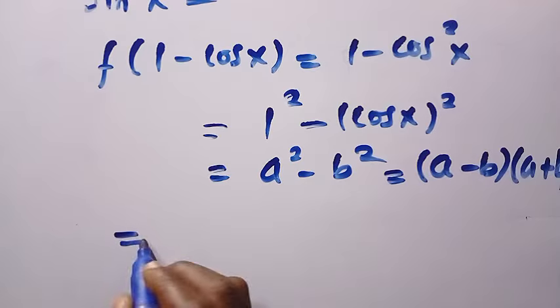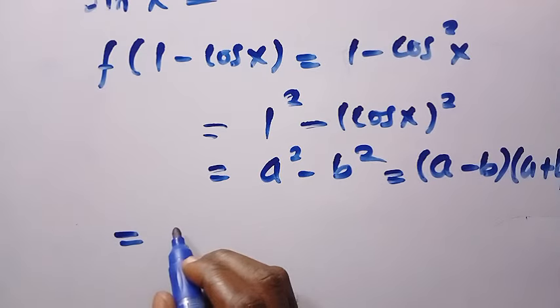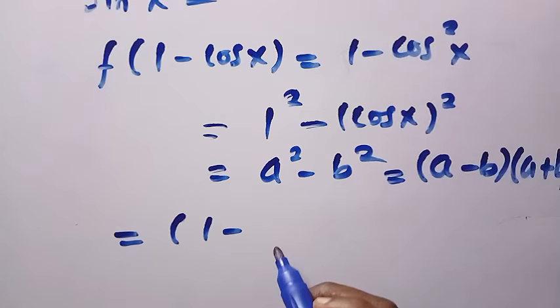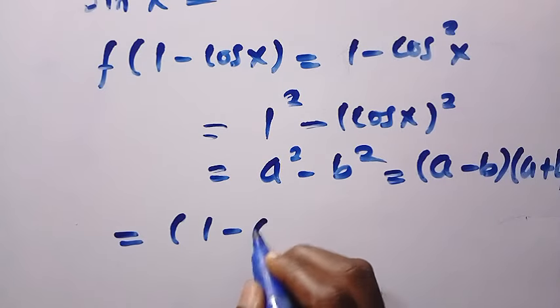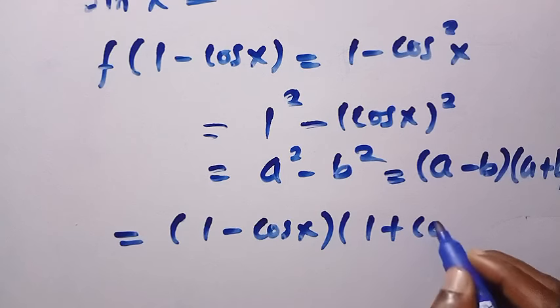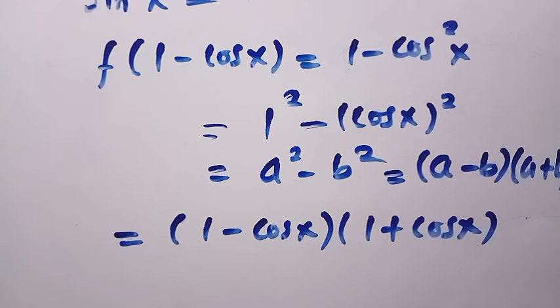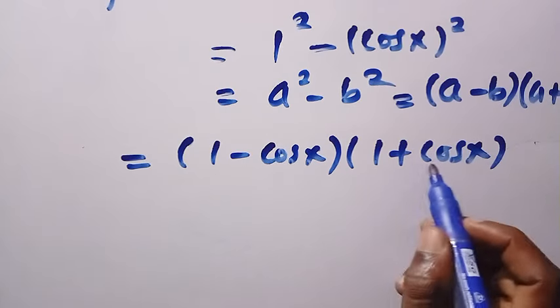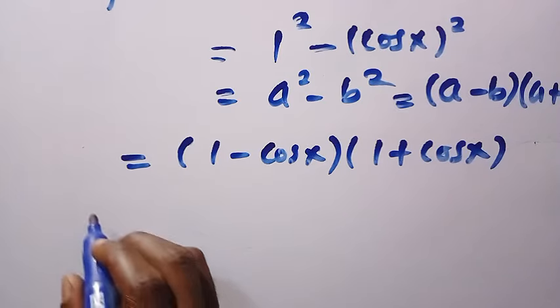So here we have f of 1 minus cos x equals open bracket, 1 minus cos x and 1 plus cos x. We have 1 minus cos x, but here is 1 plus cos x. So it means we still need to manipulate this to 1 minus cos x.